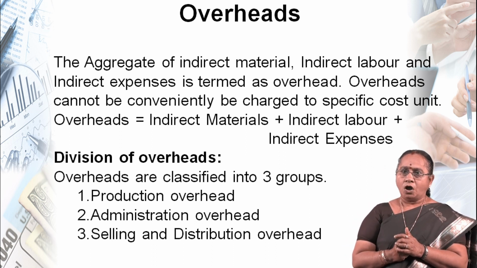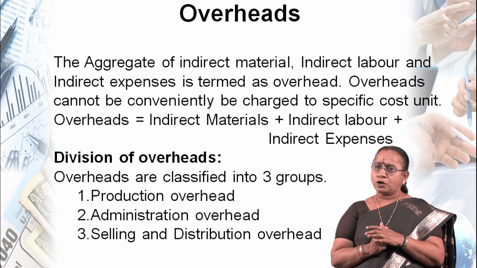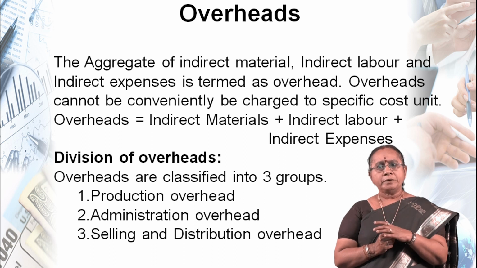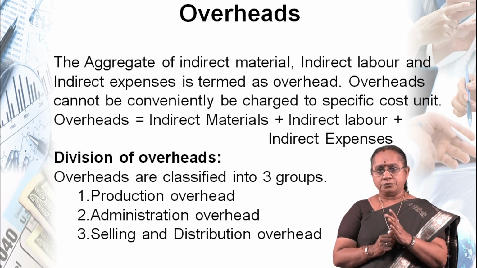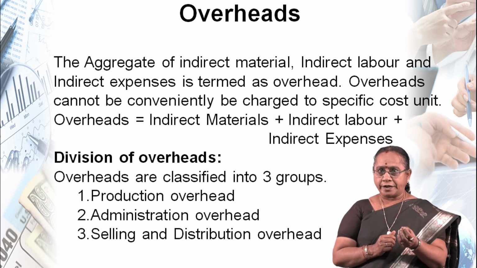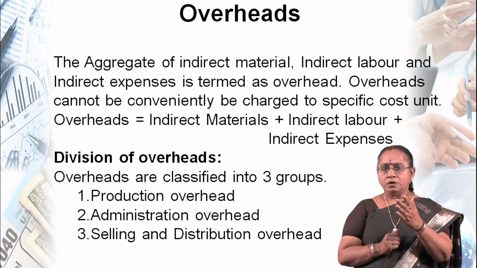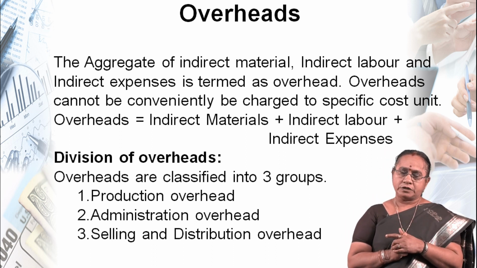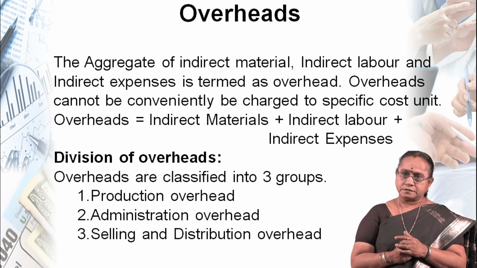Collectively all these are called overheads. Overheads cannot be conveniently charged to a specific cost unit, that means a specific product, process or department, whatever it is. So overheads equal indirect materials, indirect labor and indirect expenses.